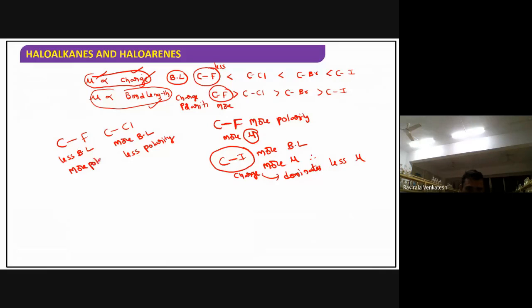Understood all of you? Now in the case of C-F, bond length is dominating. Cumulatively, if you observe charge and bond length, it is dominated by bond length.